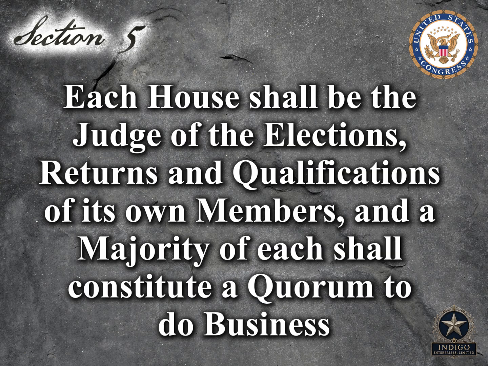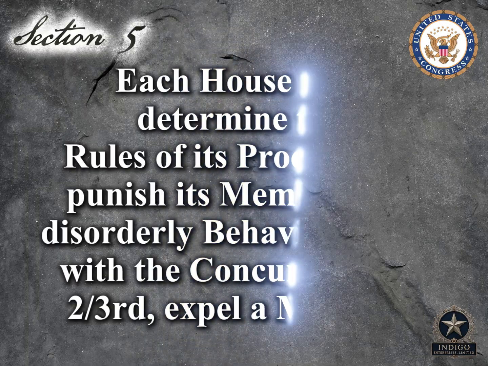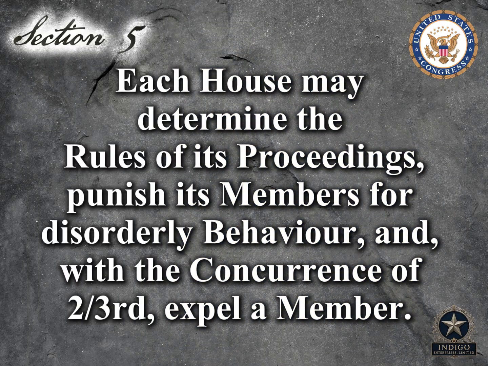But a smaller number may adjourn from day to day, and may be authorized to compel the attendance of absent members, in such manner and under such penalties as each house may provide. Each house may determine the rules of its proceedings, punish its members for disorderly behavior, and with the concurrence of 2/3, expel a member. Now let's pause right there real quick and take a look at this.